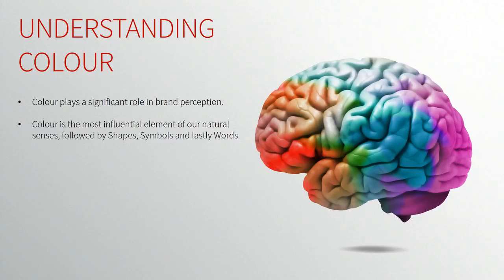So when we look at color options for your brand or for others' brands, it's a good idea to get a clear idea of how these color schemes play a part on the brand perception, because color is the most influential element on our natural senses. Followed then by shapes, by symbols, and lastly words. And you'll see where this comes through in just a few minutes.